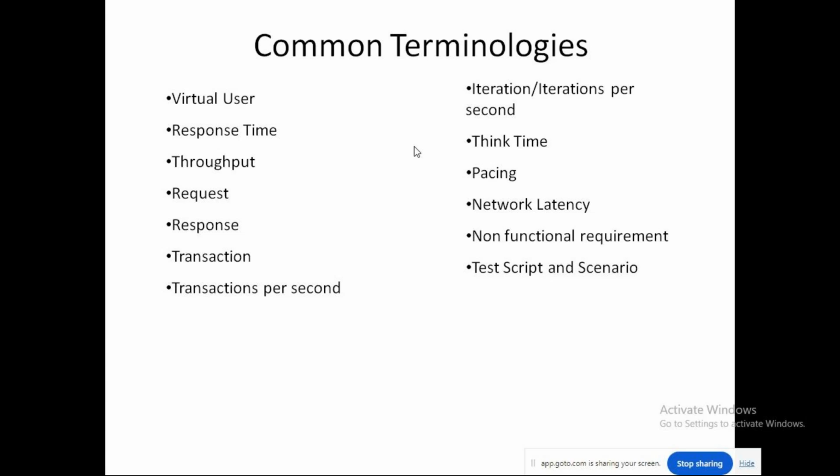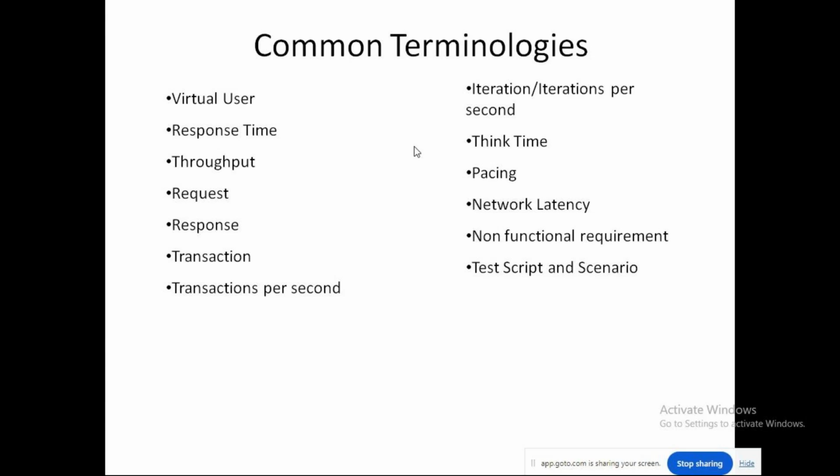Now, we do not write manual test cases in performance testing. We develop the test script for our user flow. So based on the total number of user flows, your number of test scripts will differ.